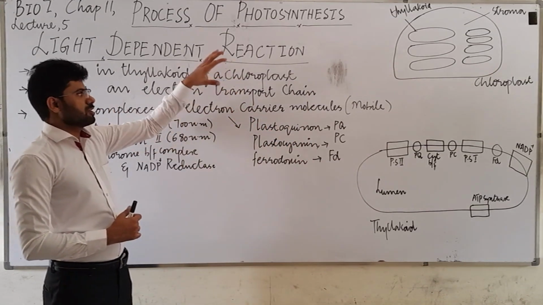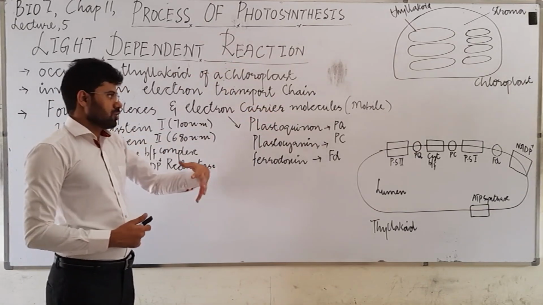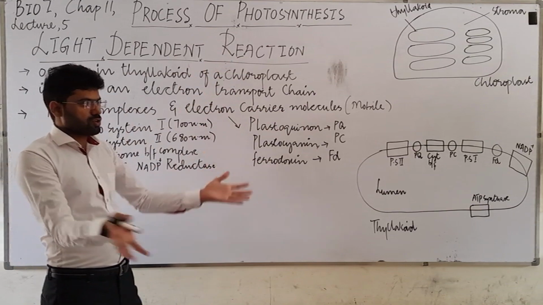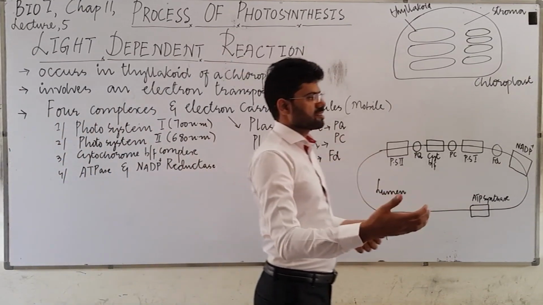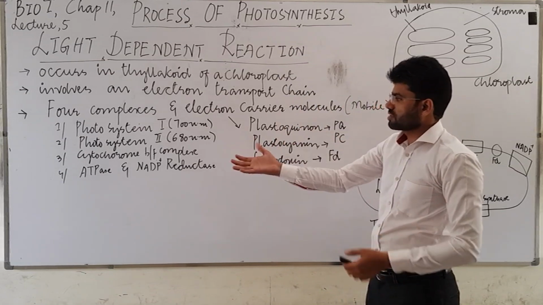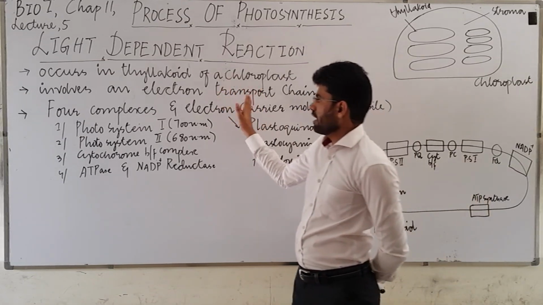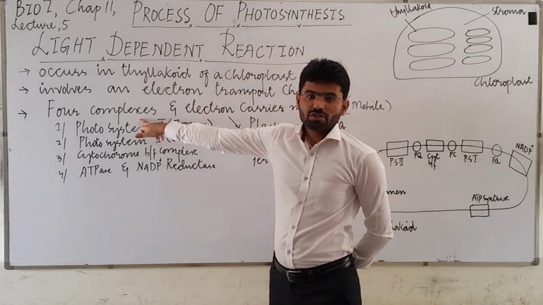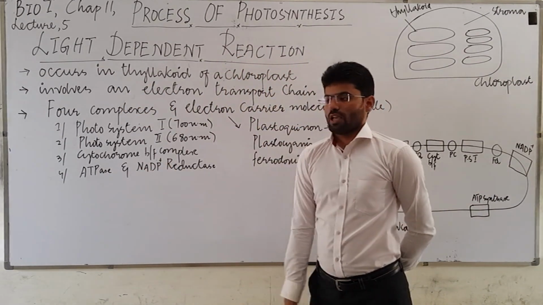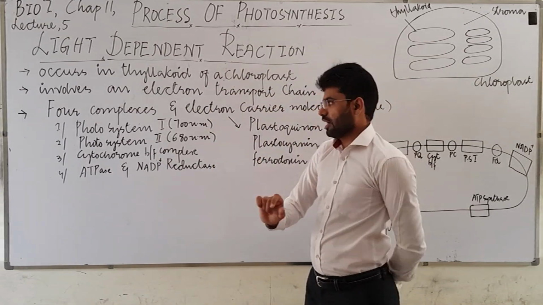So this light dependent reaction is what you are calling an electron transport chain. This electron transport chain comprises the following structures or molecules. As I have written, for this electron transport chain there must be 4 complexes. They must be present in the membrane of the thylakoid.